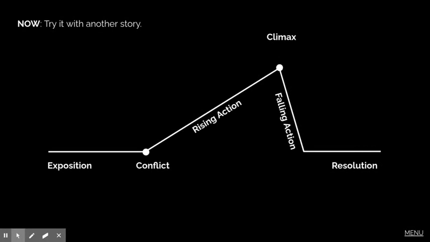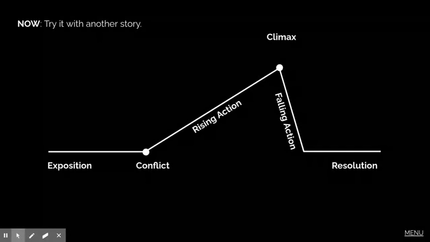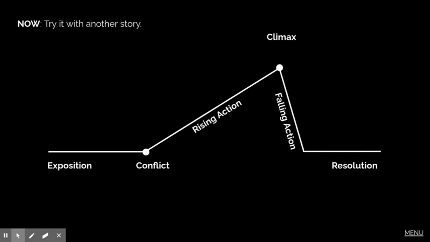So think of this as another pre-writing assignment and use this to sequence your events so that everything makes sense and you have all of these elements of a story so that you know your readers are going to be able to follow a beginning, see a conflict, see the rising action, see a climax, falling action, and resolution.